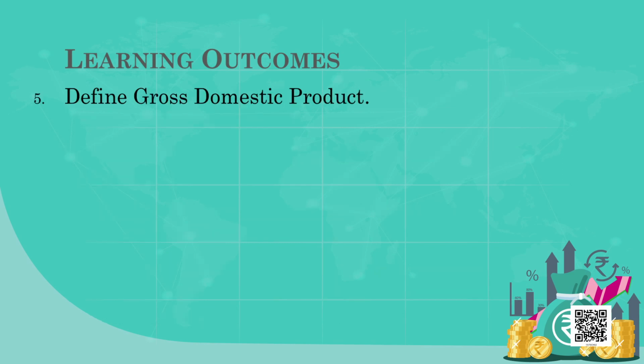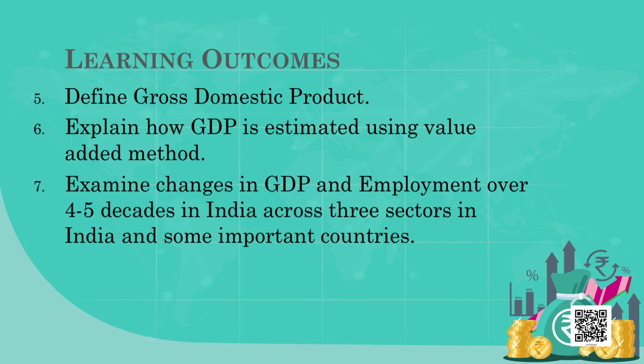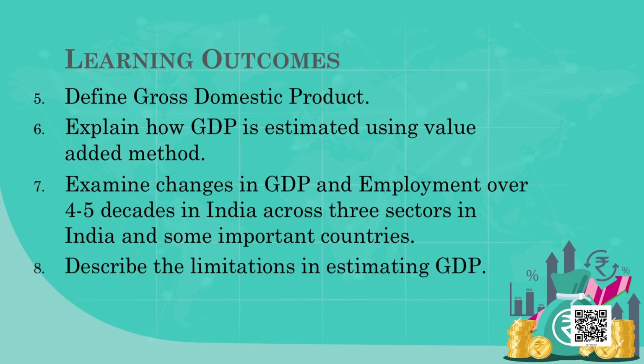You should be able to explain how GDP is estimated using the value-added method. Then finally, you should be able to analyze how the value of GDP has changed in India, and how it is performing in comparison to employment. And if you are able to compare with the developed countries also, then you have achieved the learning outcomes. So is that clear to you now?